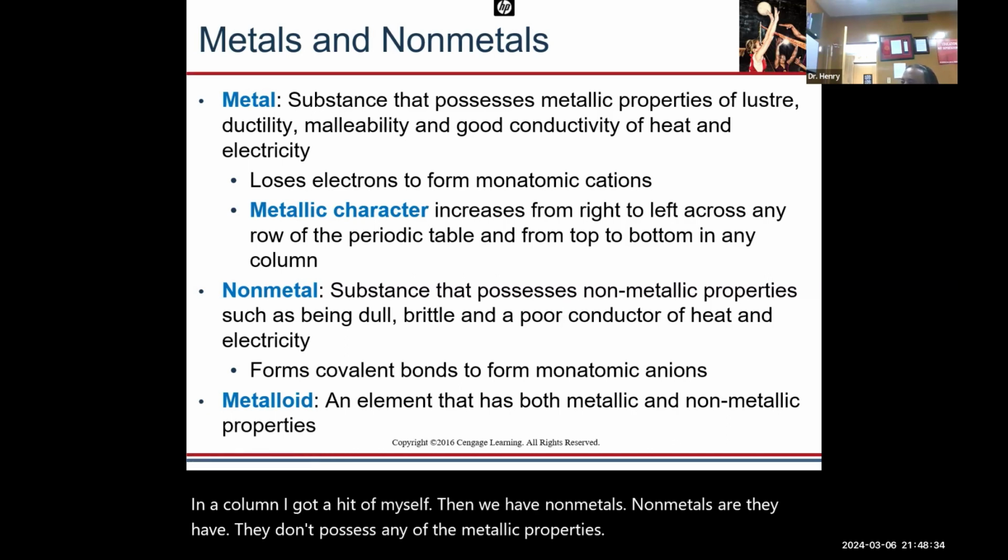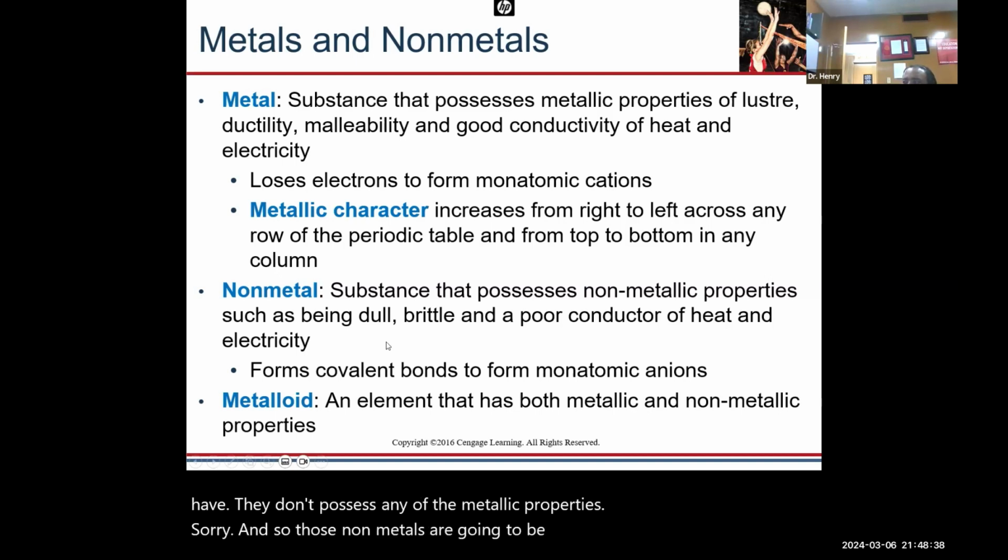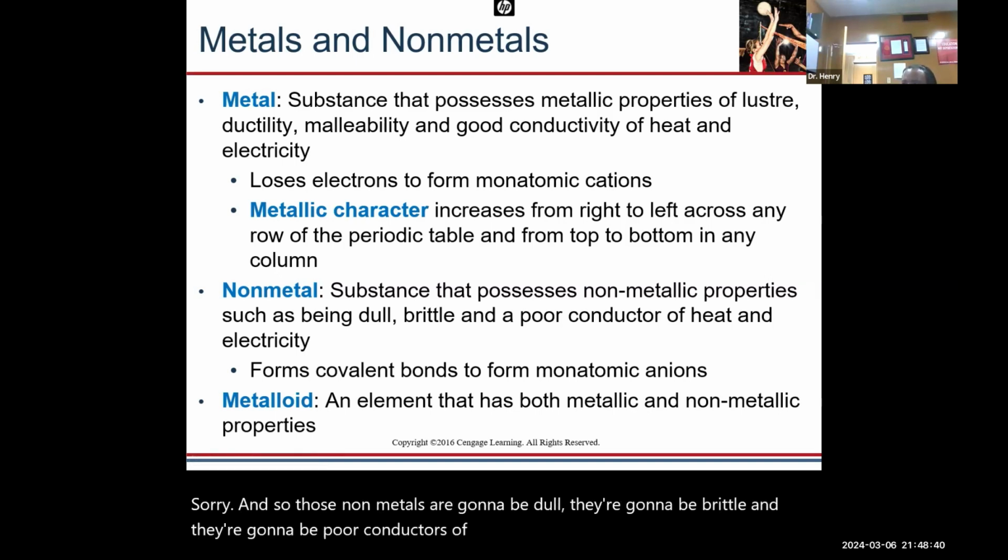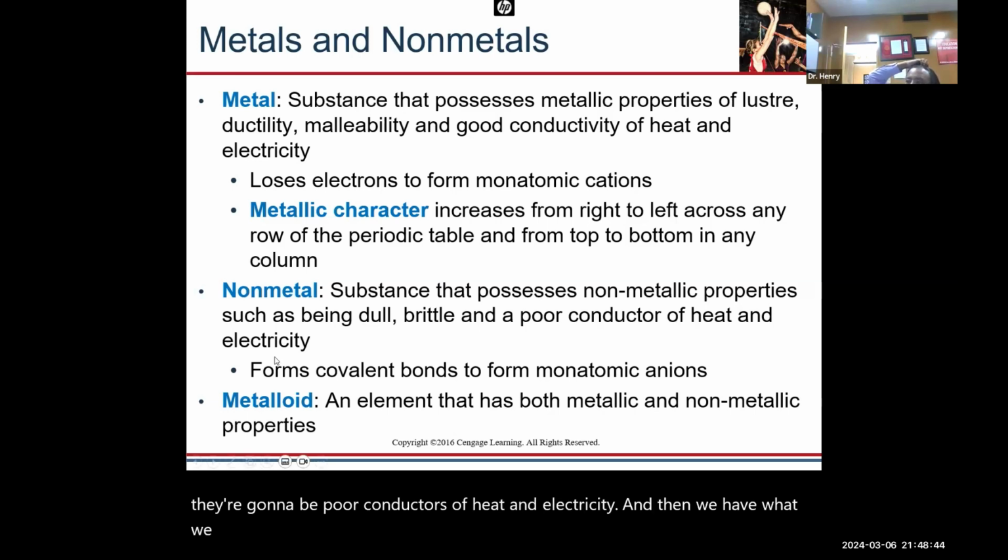Those nonmetals are going to be dull, they're going to be brittle, and they're going to be poor conductors of heat and electricity. And then nonmetals are going to form covalent bonds.